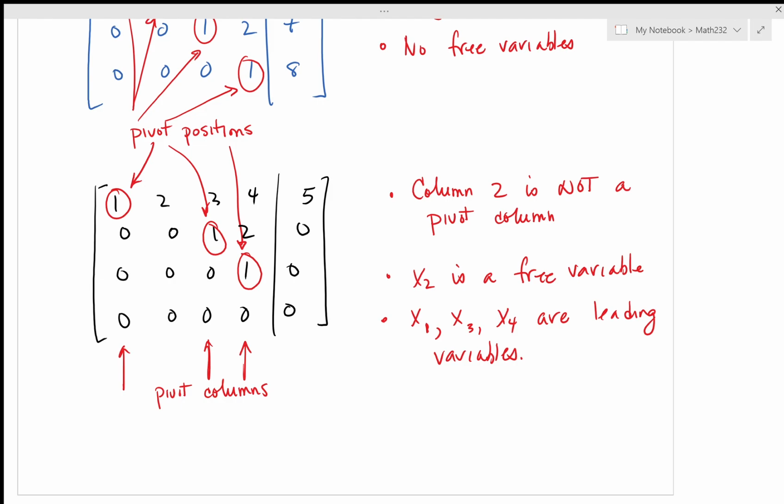We can see which variables are leading variables and which are free variables. We can write that the system is inconsistent and there is no solution, or that there is a unique solution and here it is, or that there are infinitely many solutions and here they are, parameterized by our free variable.